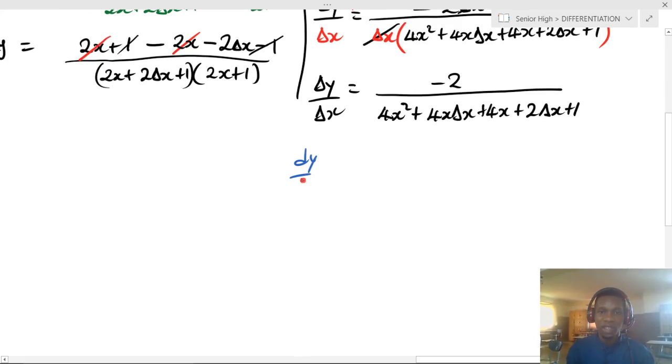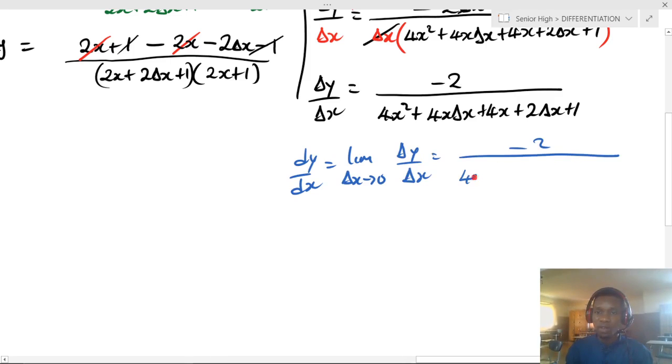We can say that dy dx is equal to the limit as changing x tends to 0 of changing y over changing x, which is equal to minus 2 over 4x squared plus 4x changing x plus 4x plus 2 changing x plus 1.